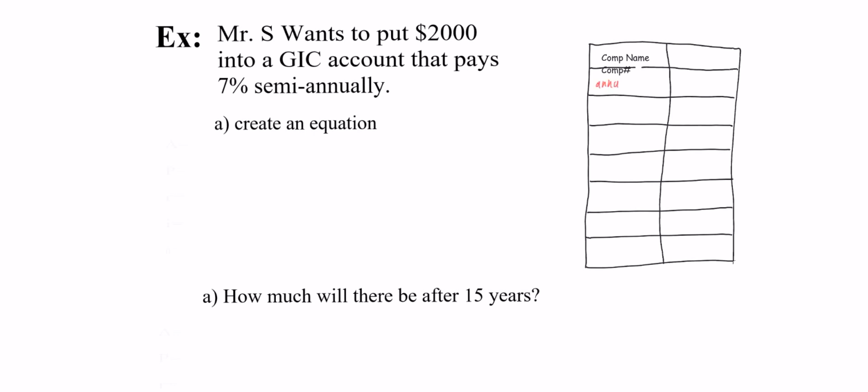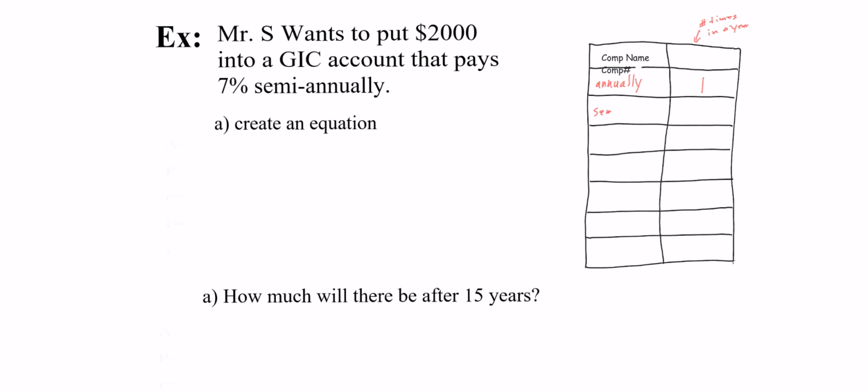We have annual, and when you hear something that is compounded annually, all we're relating to is the number of times in a year that something happens. So if it's annual, the compounding number is 1.